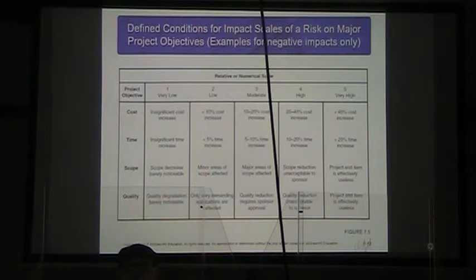So our project objective of cost, we give it a very low or 1 if it's an insignificant cost increase, right? It costs an extra $1,000 on a project worth $100,000. We're going to call that insignificant.